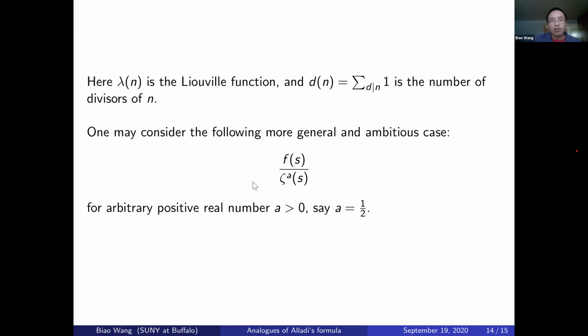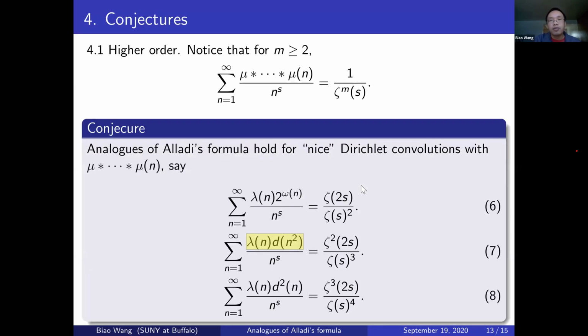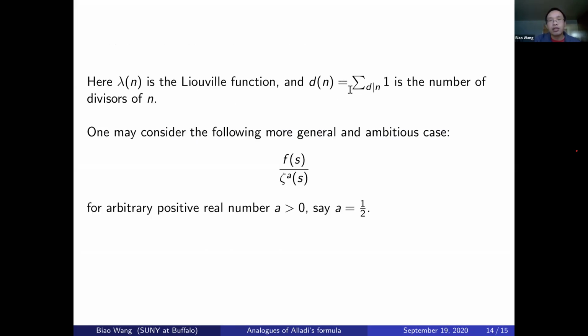More generally, we can also consider the positive power, so here m is just the integers. You can also consider the positive power like the half, but it's still open. I think it's very challenging.